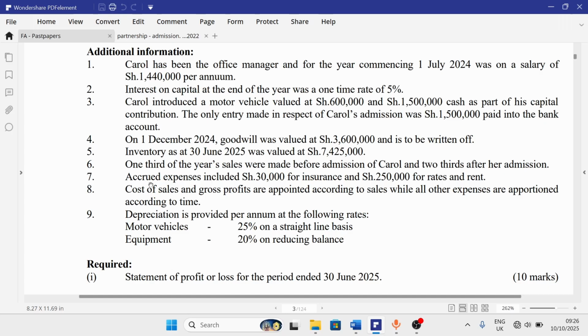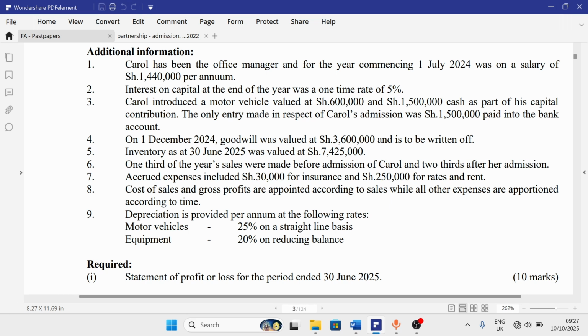Number 7, accrued expenses included 30,000 for insurance and 250,000 for rates and rent. Number 8, cost of sales and gross profits are apportioned according to sales, while all other expenses are apportioned according to time.